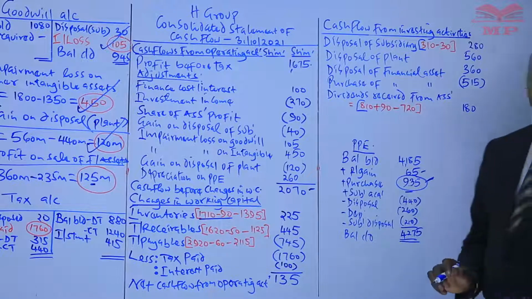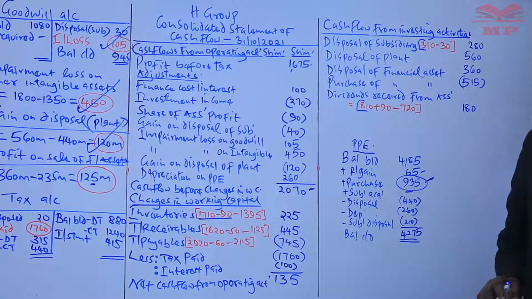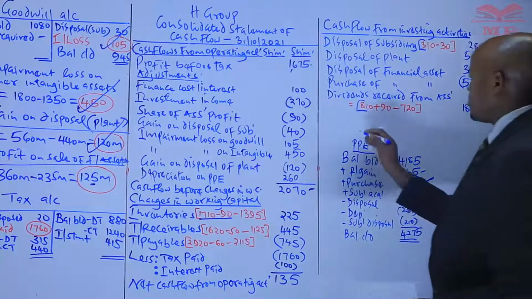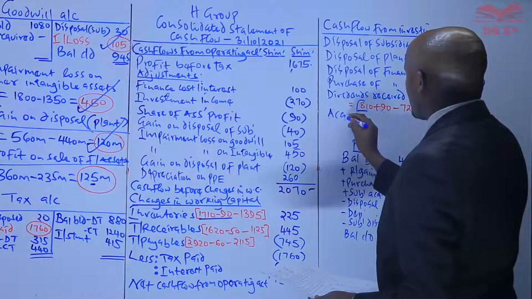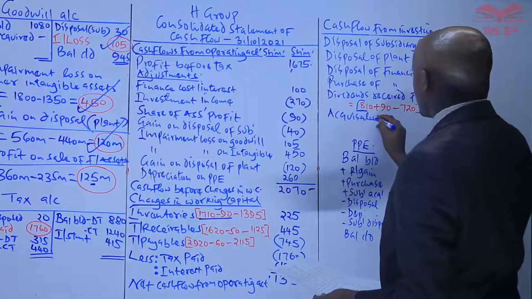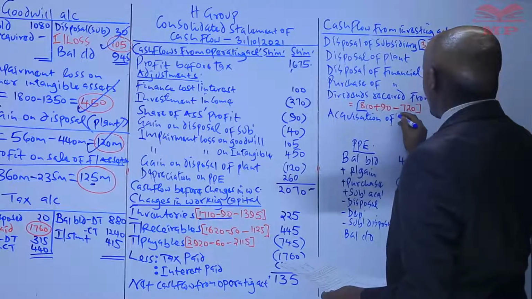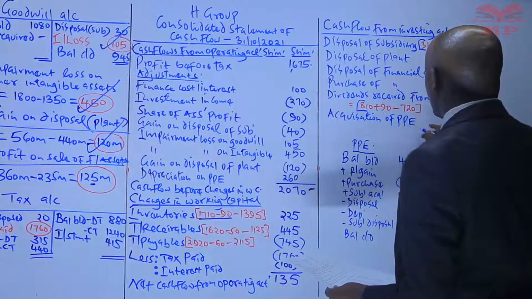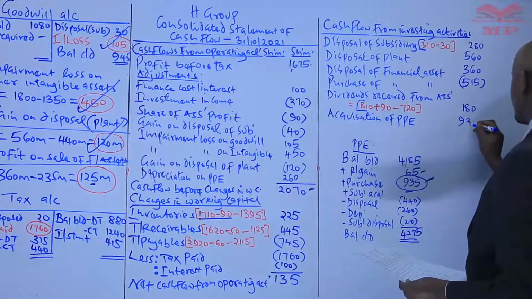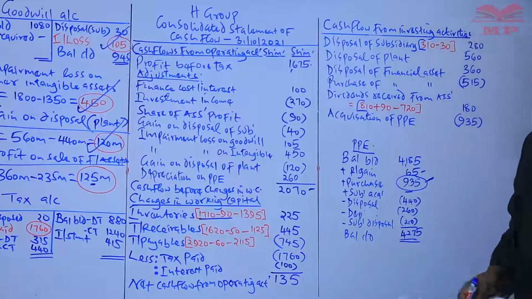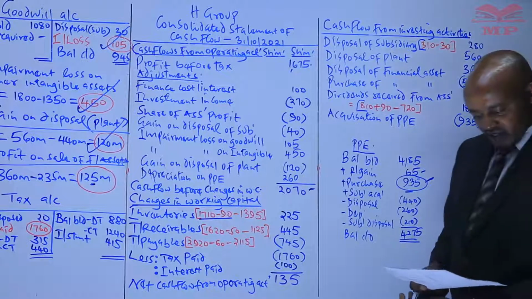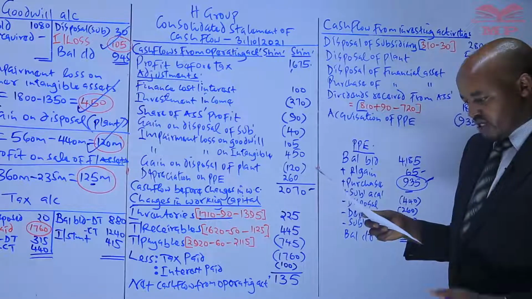This now represents the PPE which were acquired. So there was acquisition of property, plant, and equipment which had a cost of 935, which is automatically a cash outflow. Is there anything else we need to take into account here?